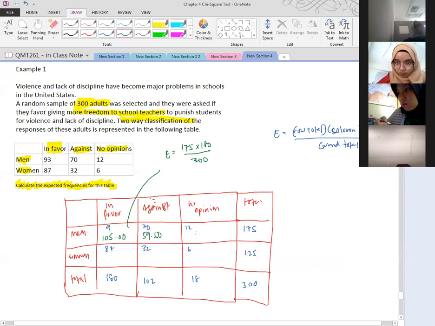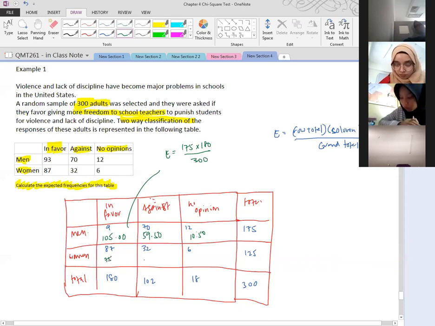175 multiply with 118 divided by 300 is 10.50. This is 125 multiply with 180 divided by 300, which should be 75.